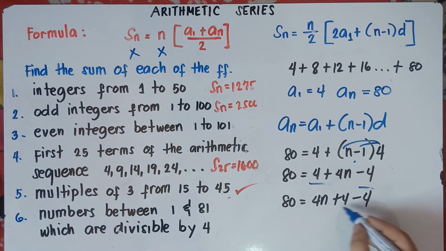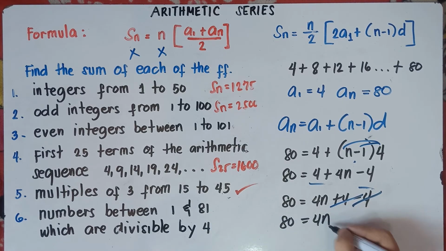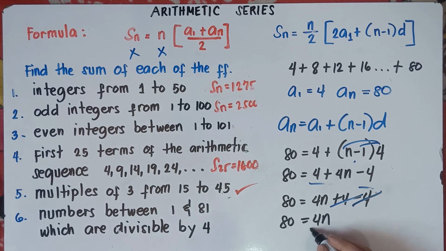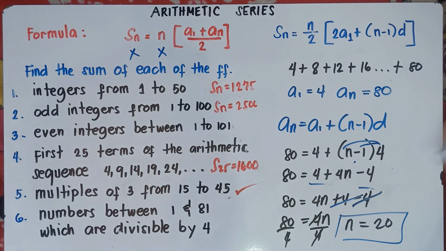We can cancel this out, because positive 4 minus 4 is 0. So we have 80 equals 4n. To get the value of n, divide both sides by 4. So n is 80 divided by 4, that is 20. So therefore, n is 20. We will put n here as 20.